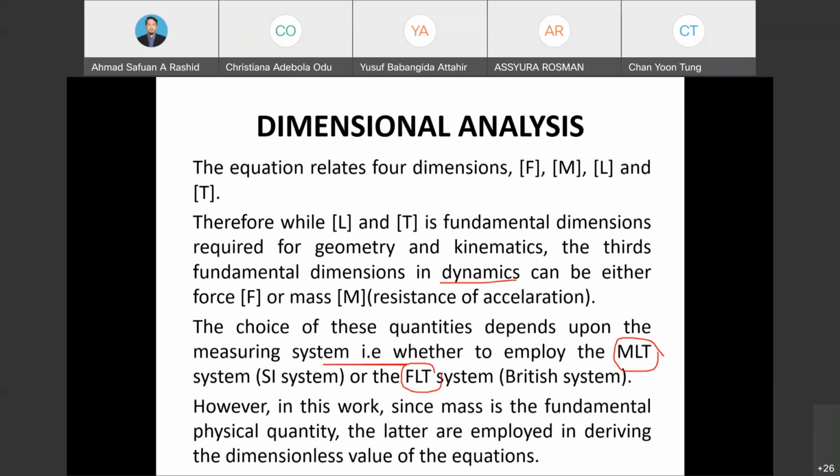However, in this work, since mass is the fundamental physical quantity, the latter is employed in deriving the dimensionless value of the equation. So FLT is suitable to be used, especially for studies related to force. For me, I prefer to use FLT rather than MLT, as suggested by the author as well.